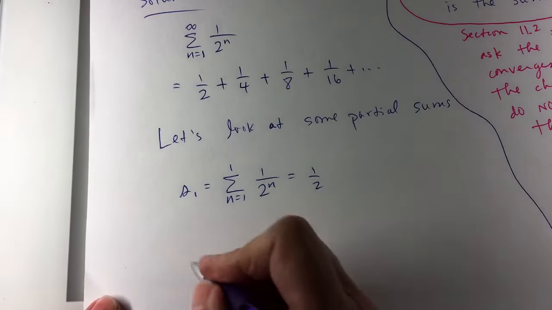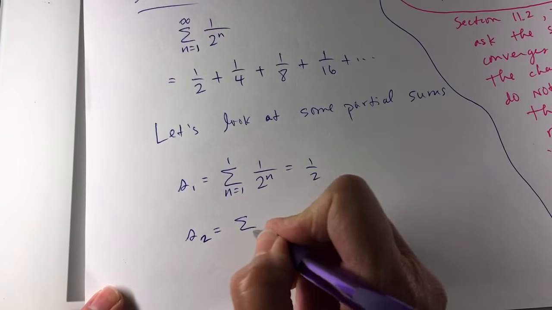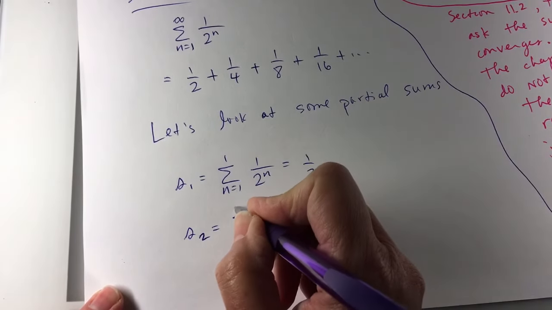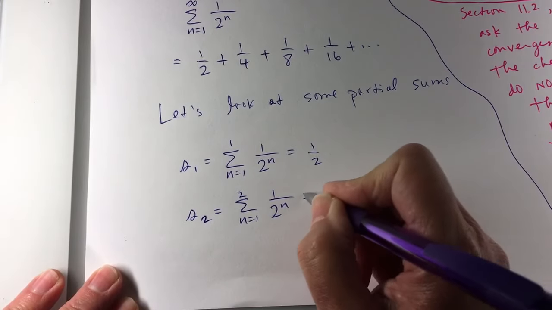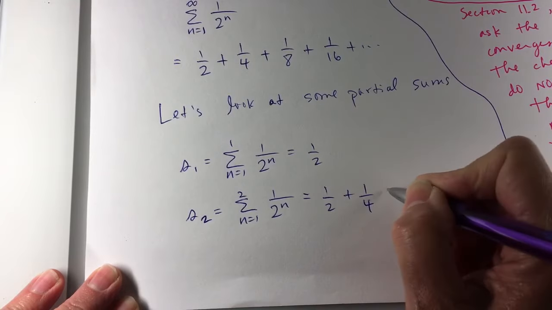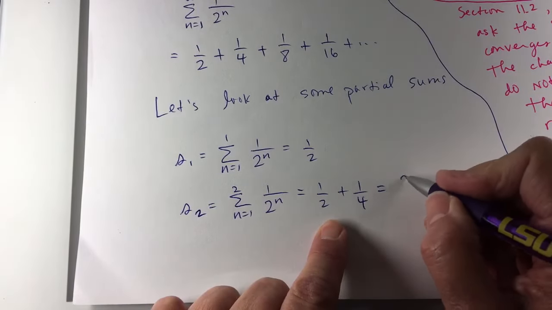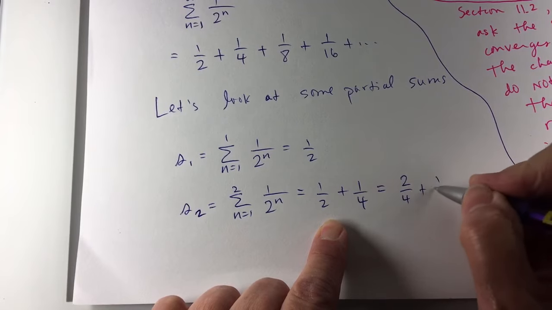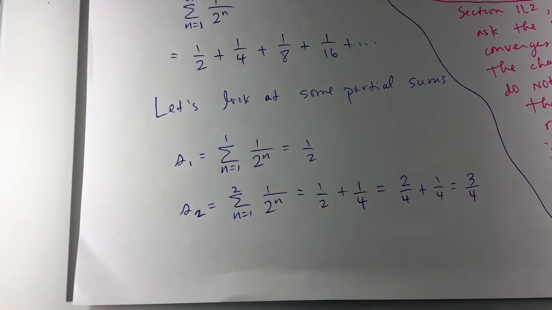S sub 2 is the sum as n goes from 1 to 2 of 1 over 2 to the n, so that's 1/2 plus 1/4. Looks like I need a common denominator. It's going to be 4. So that would be 2/4 plus 1/4, and I get 3/4.